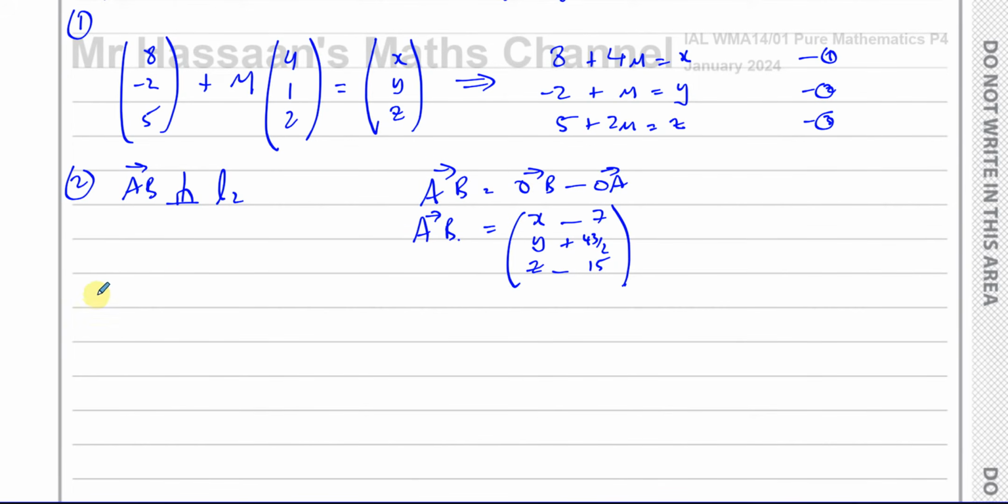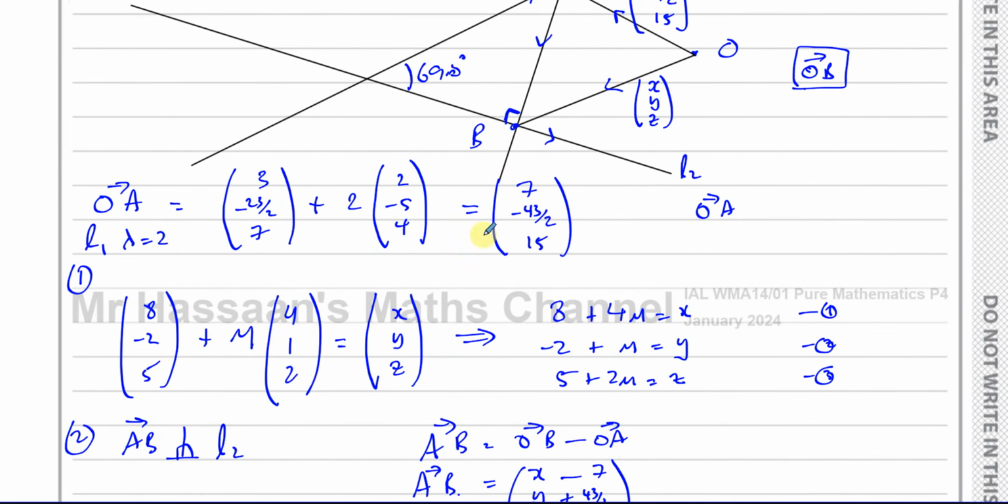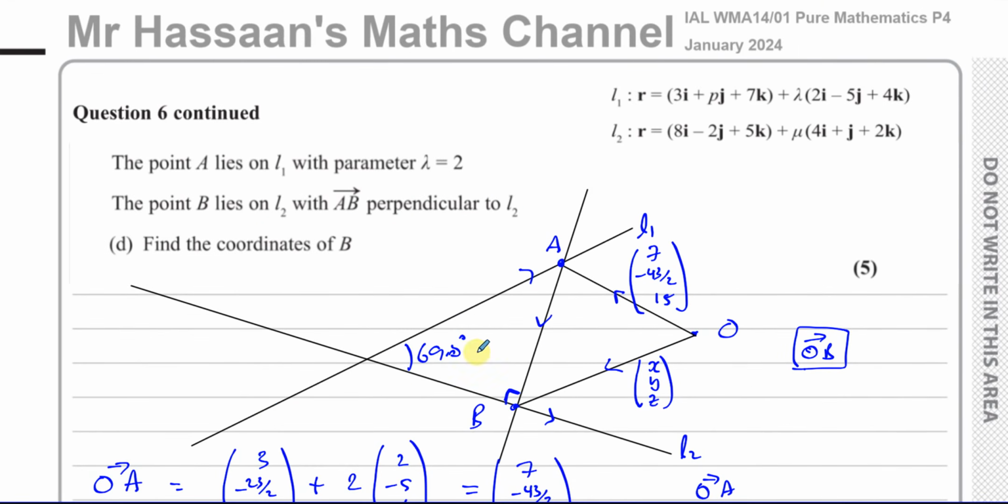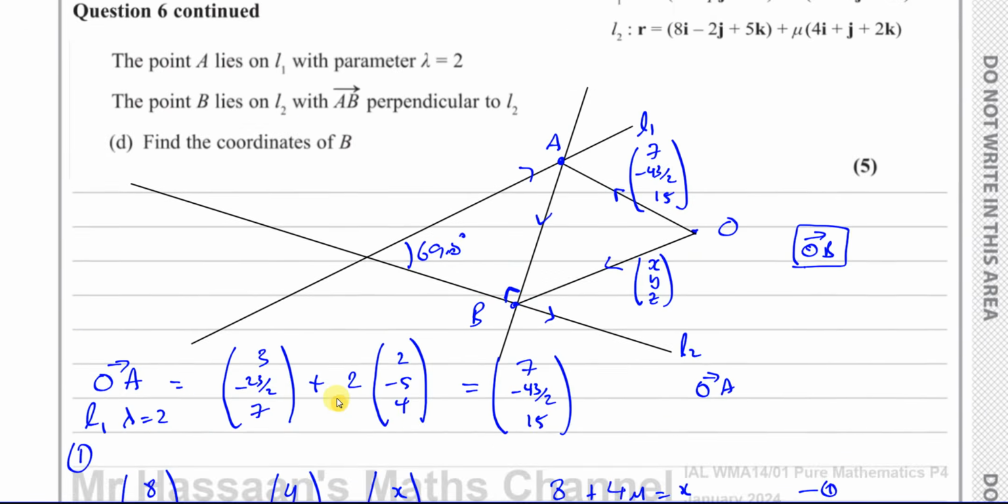And I know that the dot product of these two vectors is going to be equal to 0. So the vector A to B times the direction of line L2 is going to be equal to 0. And line L2's direction is given by 4, 1 and 2.